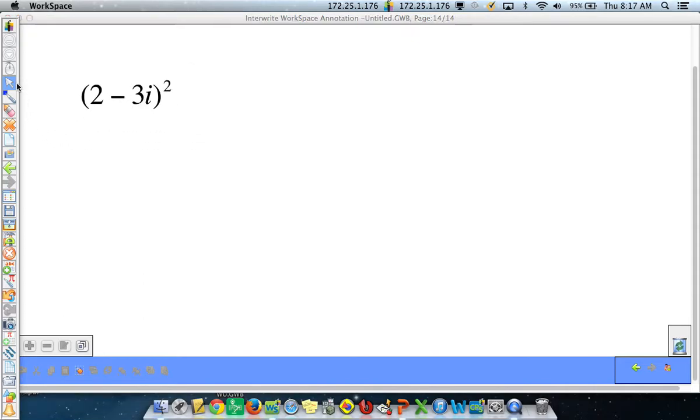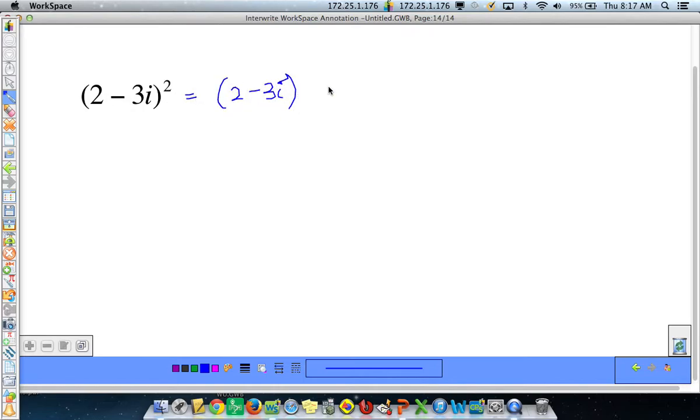Okay, this one, when it's squared, you need to remember that this is the same as saying 2 minus 3i times another 2 minus 3i. Squaring, you multiply the number by itself. So again, this is another one where you would multiply using the box or FOIL.